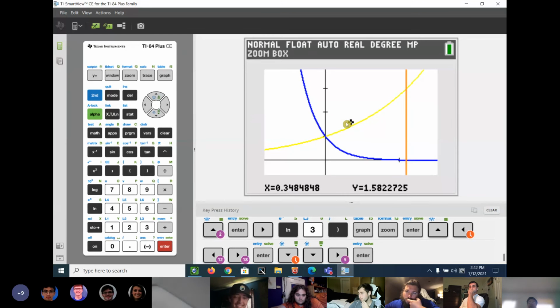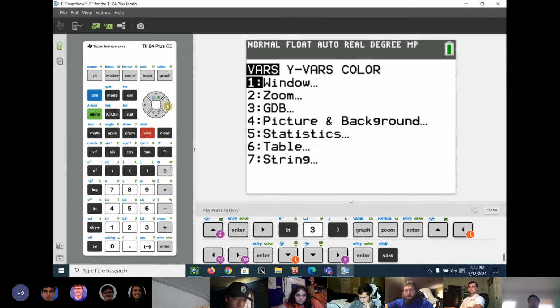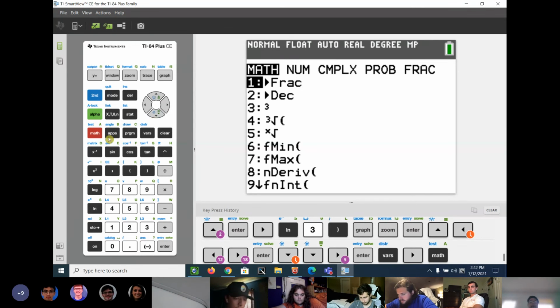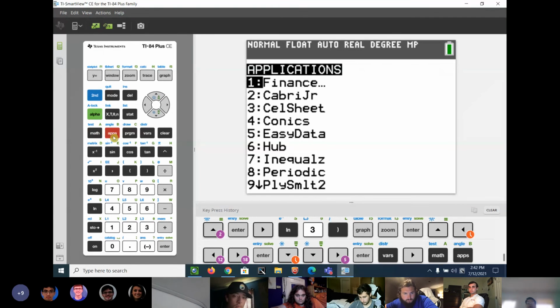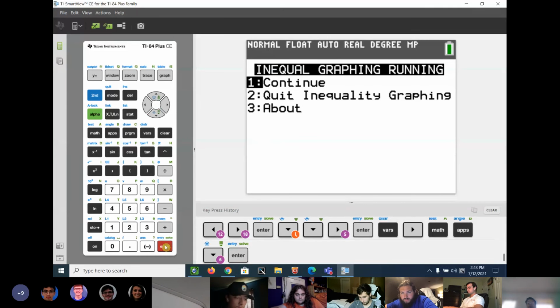Okay, now, if you don't have x is equal, I'll show you how to get there. Go to math, apps. There it is. Hit apps and go down to number 7 and hit equals. And then hit equals or continue. And then it should show up.